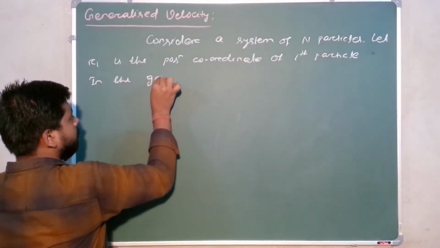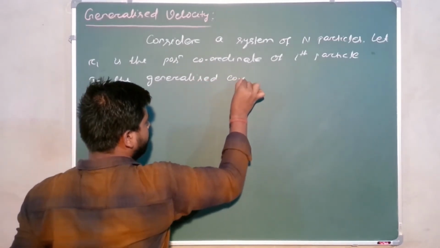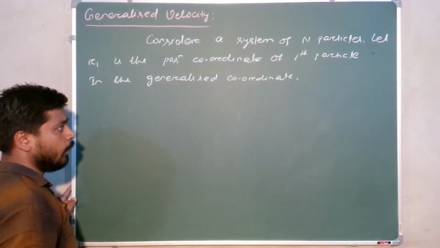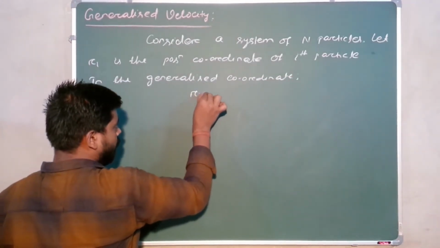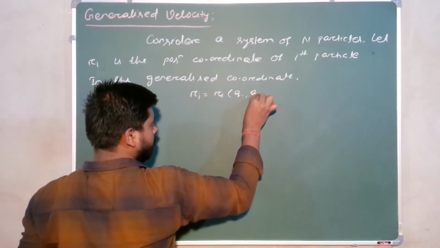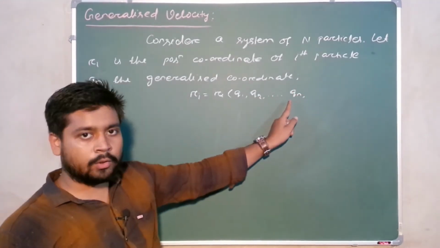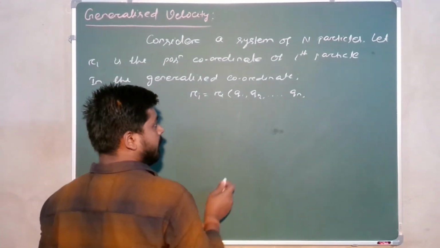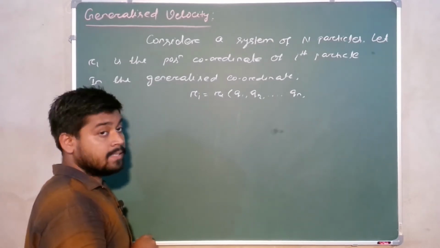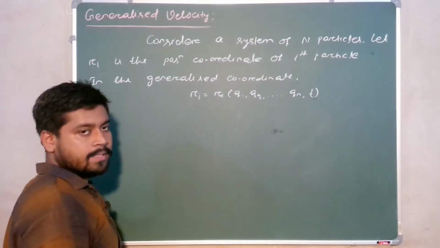In generalized coordinates, we have Ri, the position coordinate, as a function of q1, q2 up to qn, where small n is equal to 3N minus 3, capital N being the number of particles, and the other one is t, time dependent.